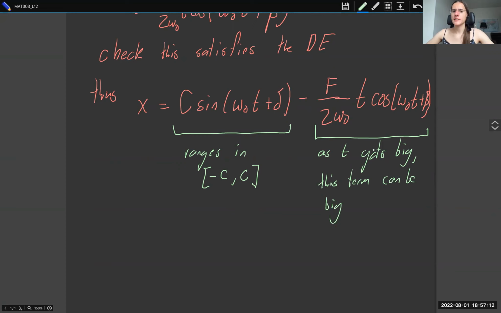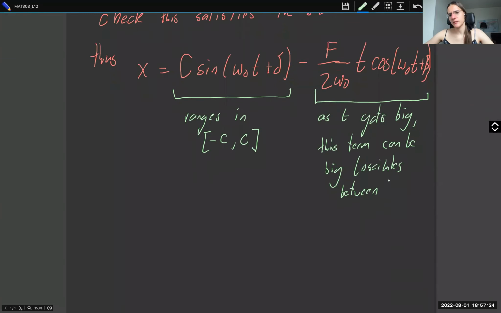Or rather, it oscillates between increasingly big numbers. And what this is known as is resonance.